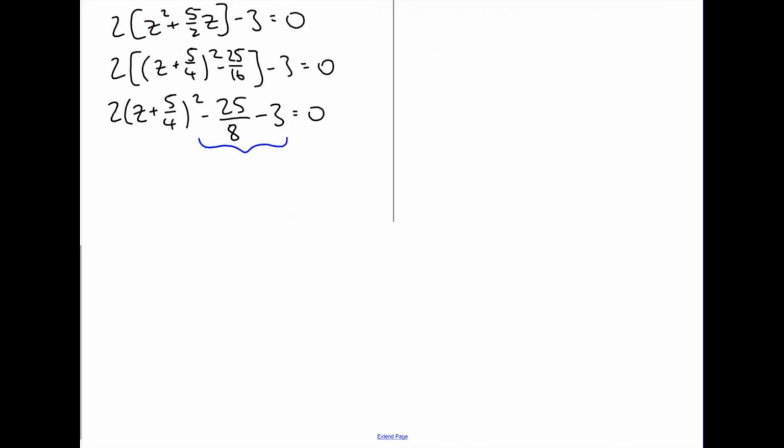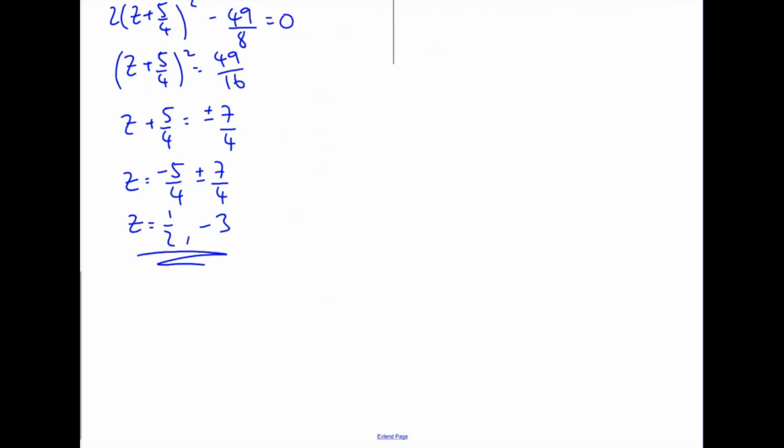Which gives me minus 49 over 8. We'll take the 49 over 8 across and divide through by 2. Which ends up being positive.